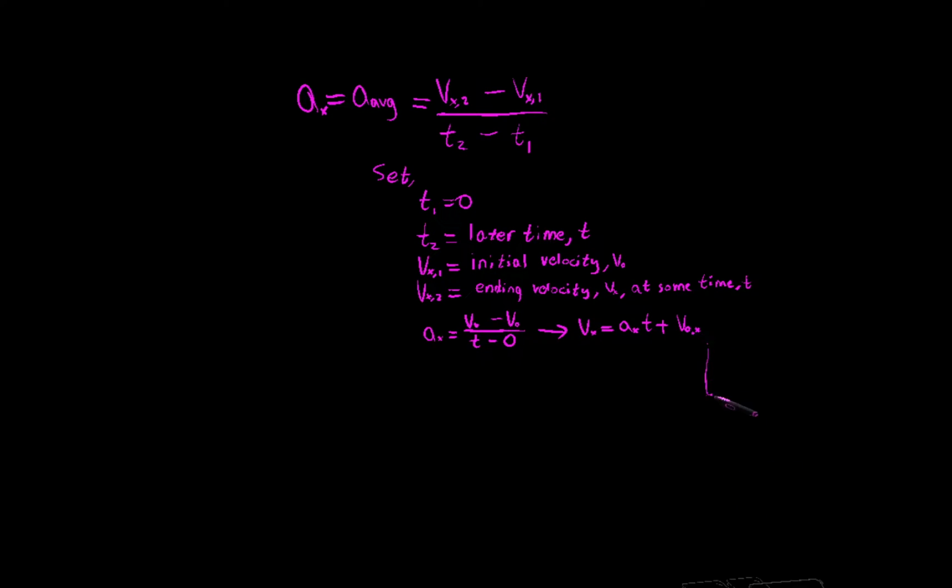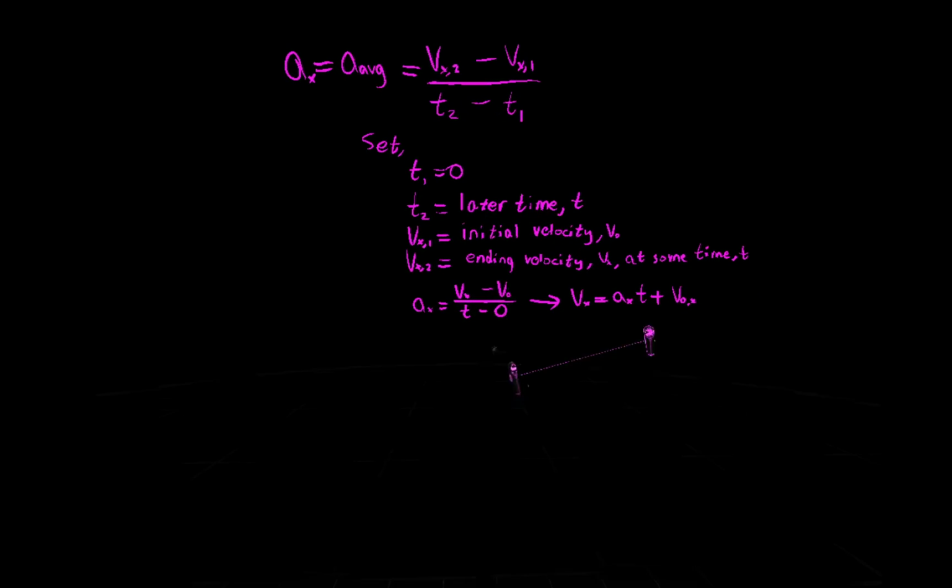And so you see now that you can treat this as a function with respect to t. So v in the x direction as a function of time would be equal to ax t plus v naught in the x direction. So you can plug in some time value and get the vx if you have the acceleration in the x direction, which is a constant, and your starting velocity, which is also a constant.